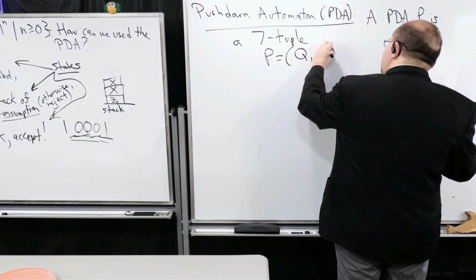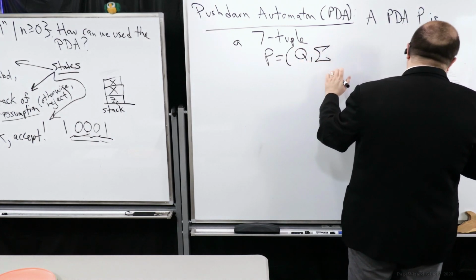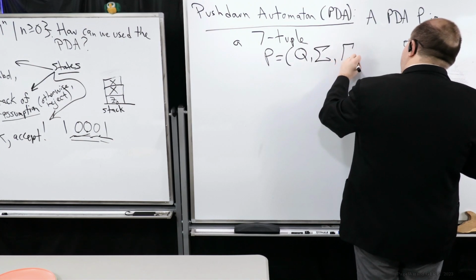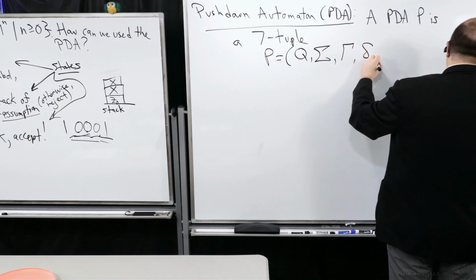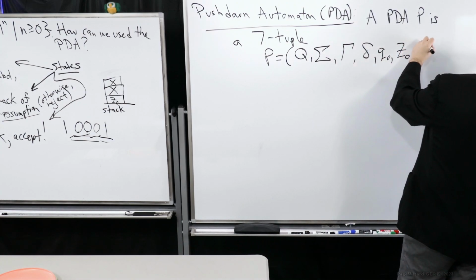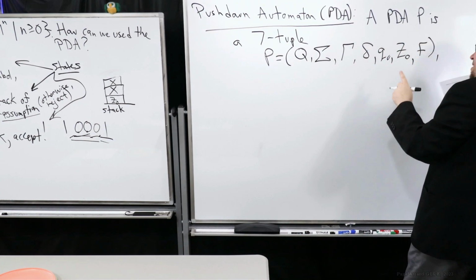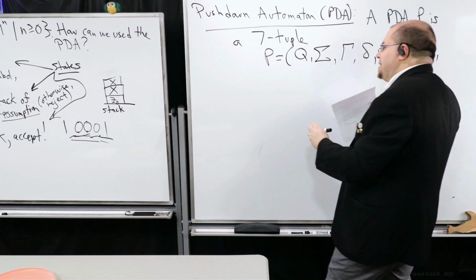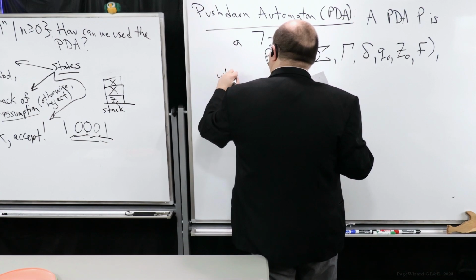It's going to be a 7 tuple. It's going to have Q. You might guess what some of these already are. Q, sigma. We're going to have gamma, delta, Q0, Z0, and F. So some of these you're going to tell right away what they are. Others look a little more unknown to us.